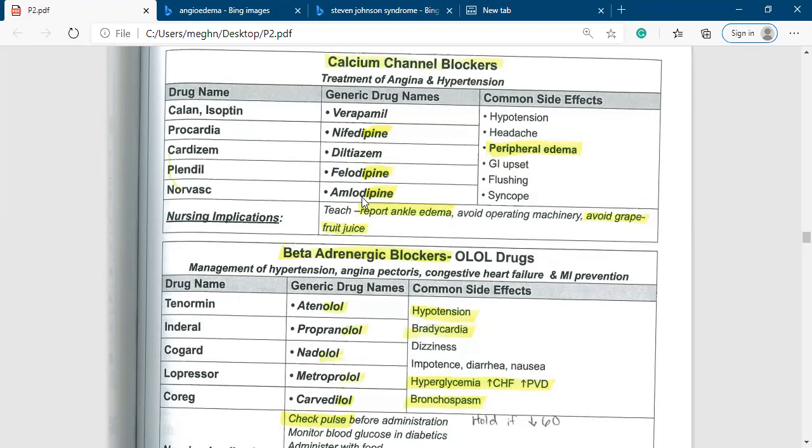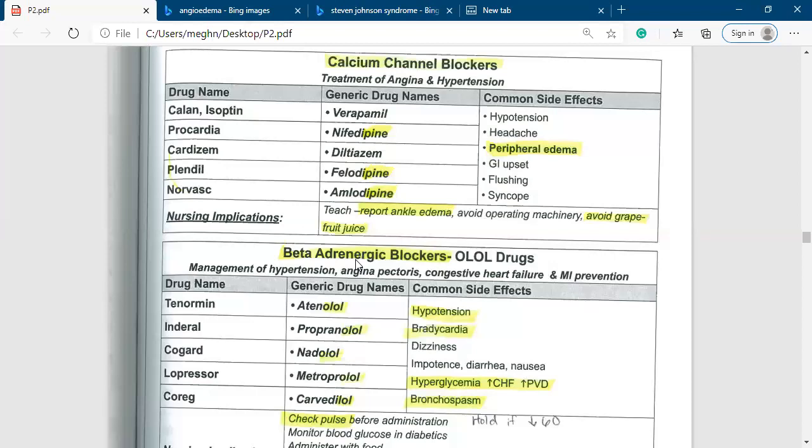Beta blocker is called beta adrenergic blocker, so they work on the beta receptor. They block epinephrine and norepinephrine from binding to the beta receptor on nerves. So beta blockers basically work on the beta receptor and block it, right?